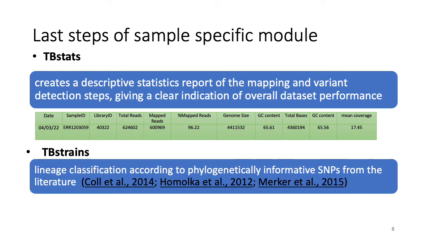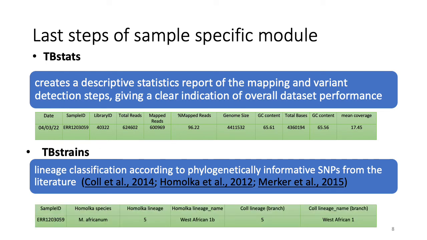And finally, the last sample-specific module in MTBseq enables the phylogenetic classification of the input sample according to phylogenetically informative SNPs from the literature. Again, you can see the same sample here, after the classification based on the phylogenetically informative SNPs taken from the literature, for example, the papers from Coll, from Homolka, and from Merker.